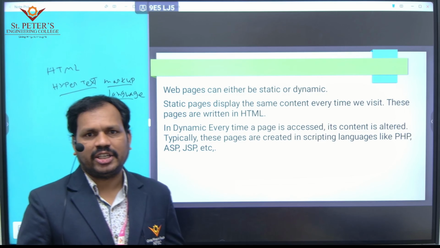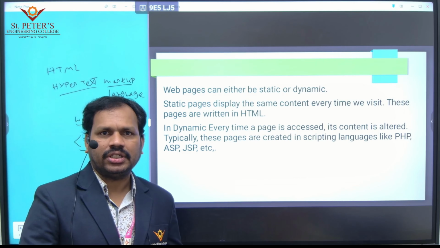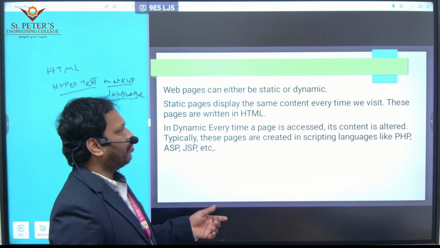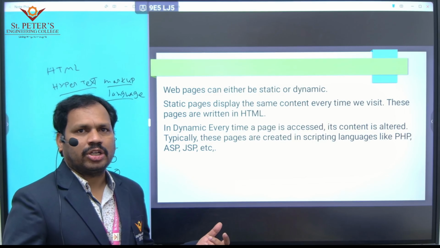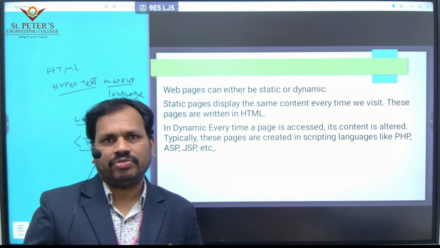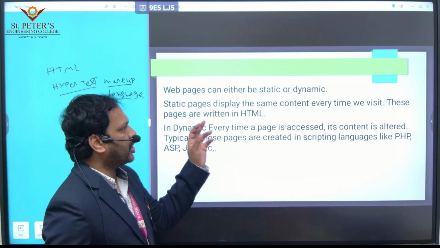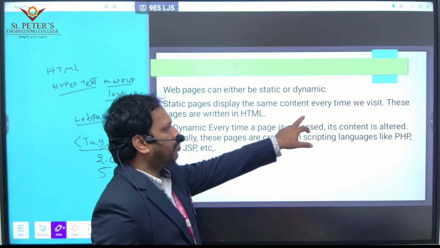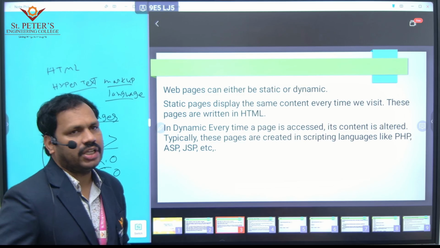In a static page we can't edit anything directly. Dynamic means changes happen whenever we click on the page. Static pages display the same content every time, so however many times we visit that page, we see the same page. These pages are written in HTML.